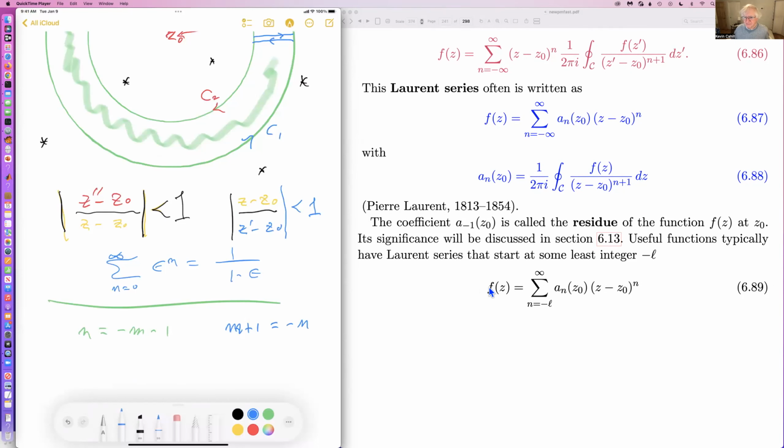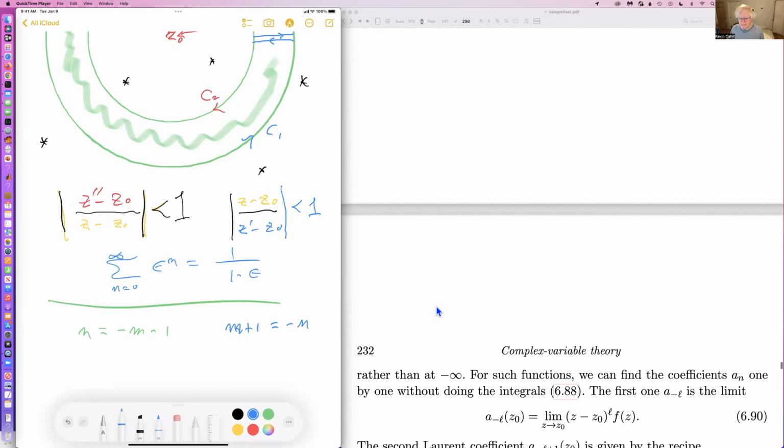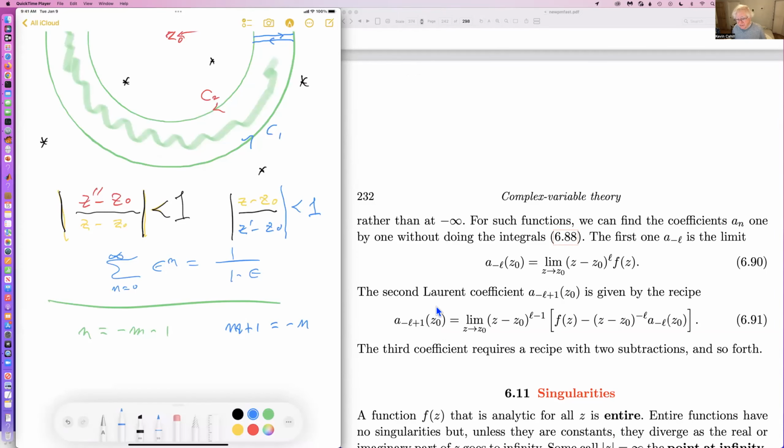So when n is equal to minus 1, that's called the residue of the function at z0. Some people make a big deal of residues, but I don't think they're all that important, compared to all the other things.